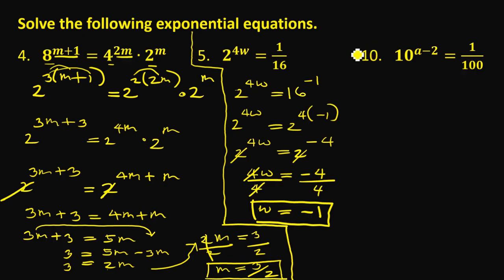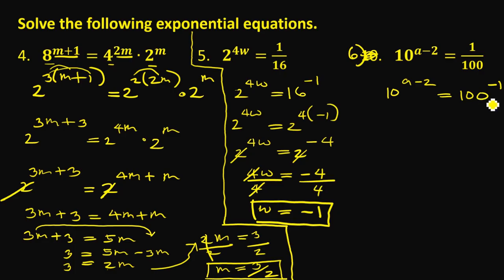So this is number 6. We have 10 raised to a minus 2 equals 1 over 100. Same process, we need to use here the negative exponent rule. So we have 10 raised to a minus 2 equals 1 over 100, which can be expressed as 100 raised to negative 1. Next, we express both sides with the same base.